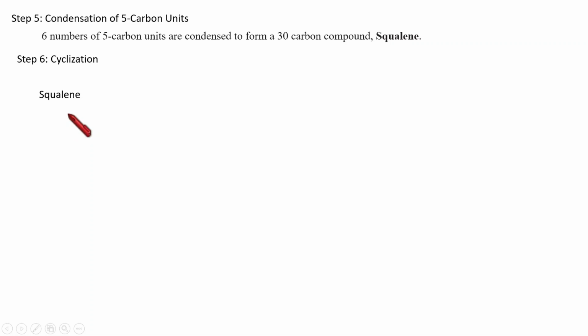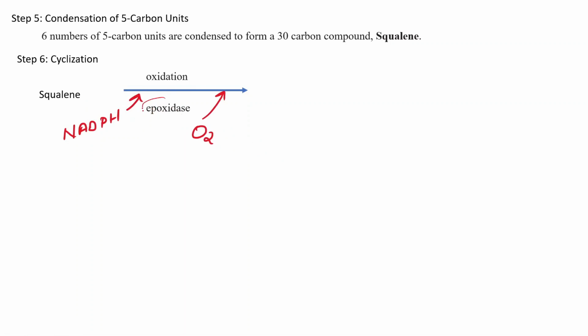Squalene first undergoes oxidation, and which is the enzyme that is helping the oxidation of squalene? That is epoxidase. Epoxidase helps oxidation, and the hydrogen is received by NADPH, and squalene epoxide is forming there, and still it is a straight chain.